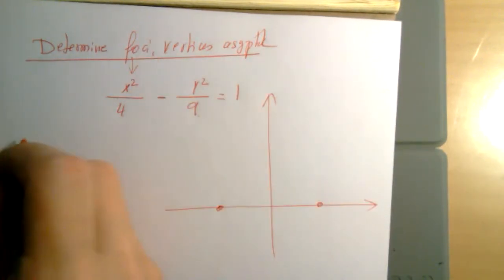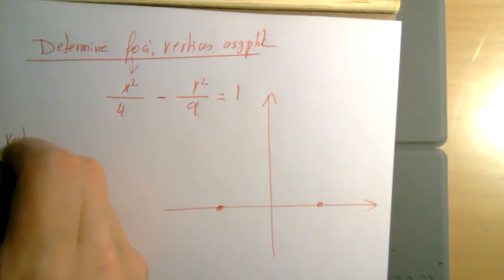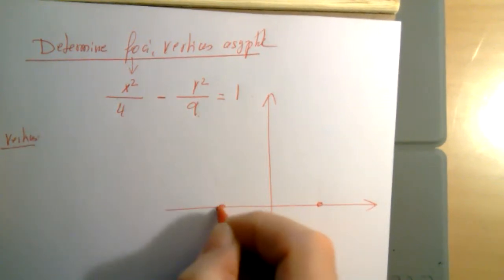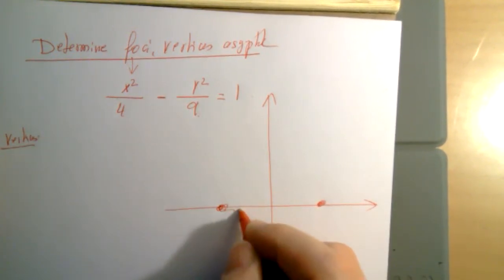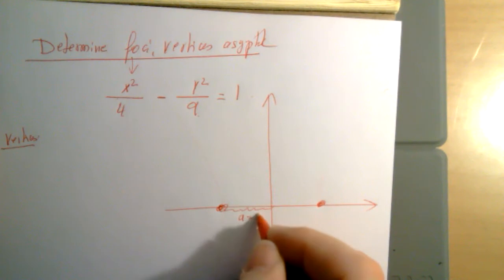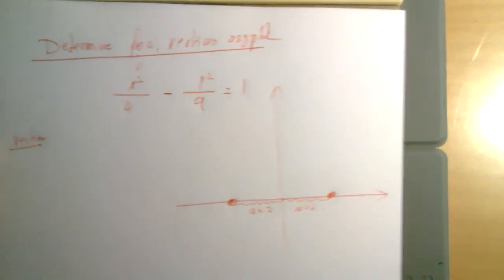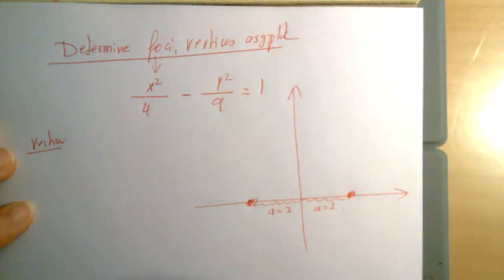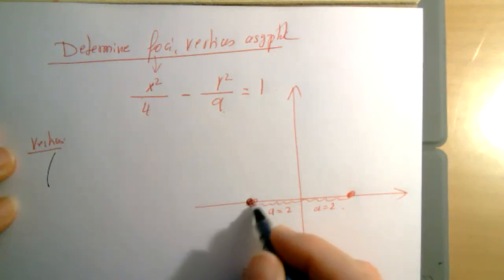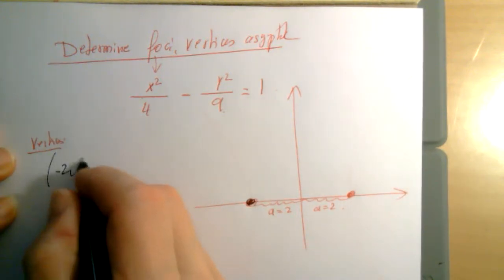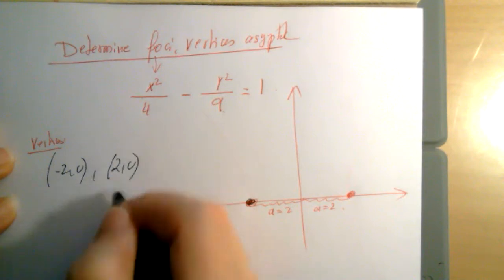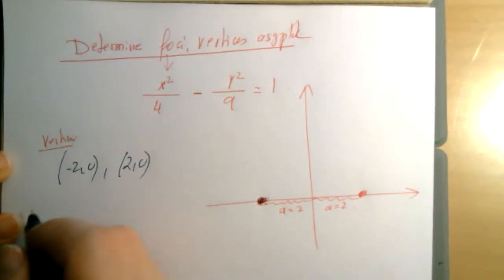So first, let us find the vertices. The vertices here, there is no confusion about them. Those are the vertices. This is my a, which is 2. And this is my a. So the vertices are, so this point here is minus 2, 0, and 2, 0. So those are easy. The foci.